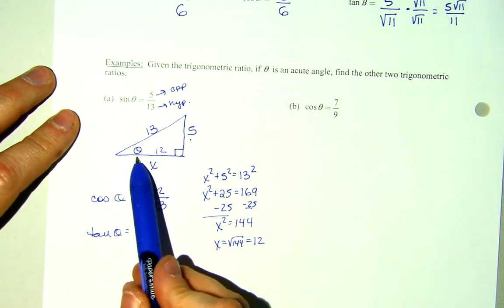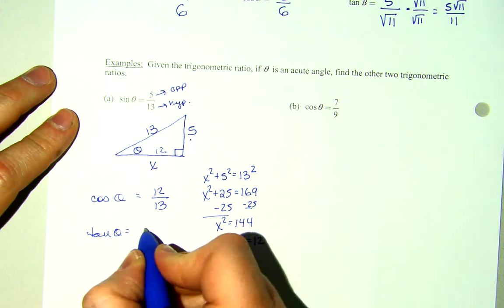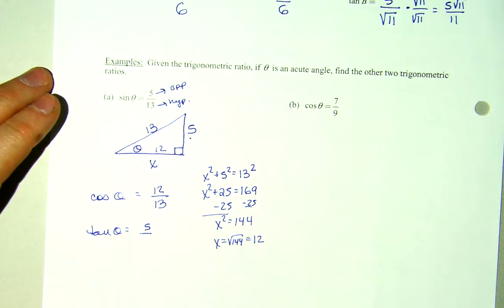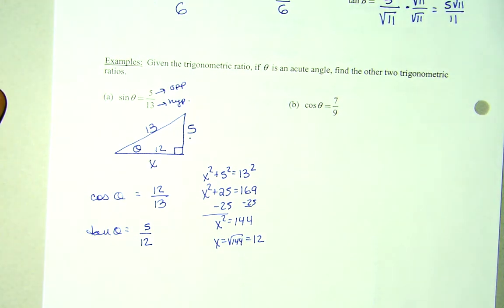So I want to know the tangent of theta. 5 over 12. Good. Opposite over adjacent. So basically, if I tell you one and want you to find the others, well, you draw a triangle and you go from there. I want you to try letter B on your own right now. See what you can do.